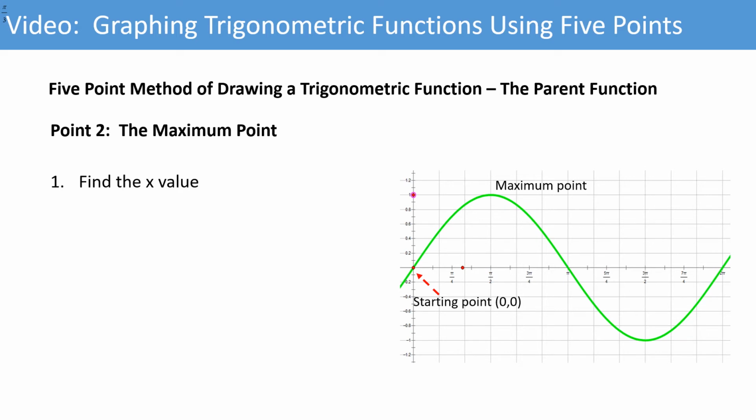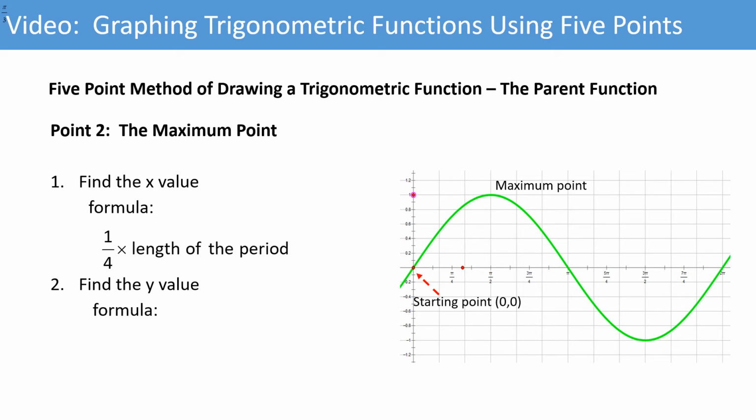The maximum point is the second point. Find the x value. The formula to do this is to take 1/4 of the length of the period. Find the y value. The formula for this would be to take the c value 0 and to add the a value of 1.